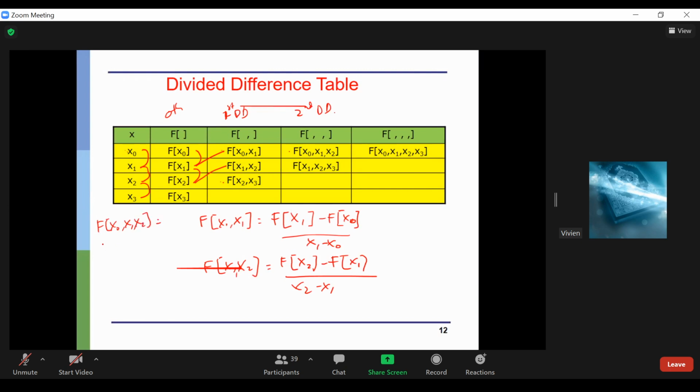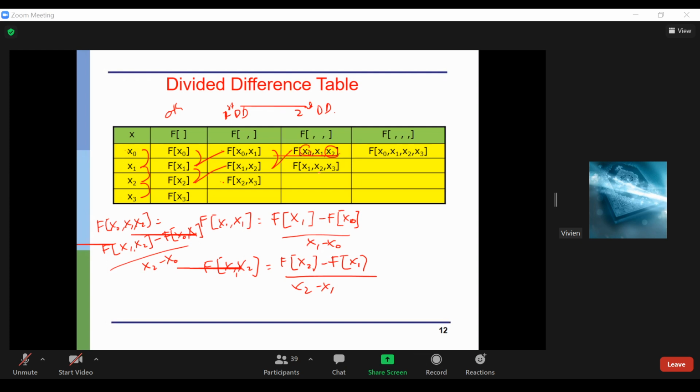So that will be equal to f[x1, x2] minus f[x0, x1] divided by x2 minus x0. So how to calculate this one? This will be equal to f[x1, x2] minus f[x0, x1] divided by the last point, which is x2 minus x0.